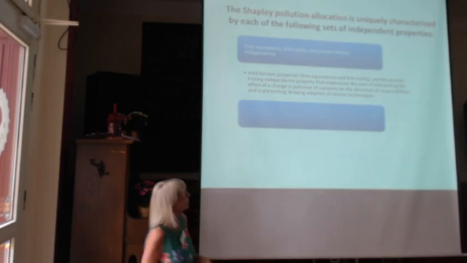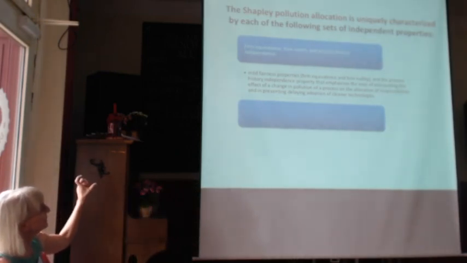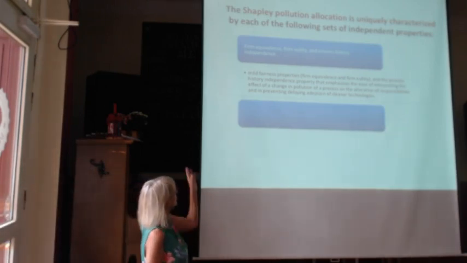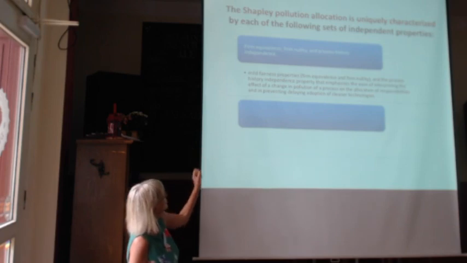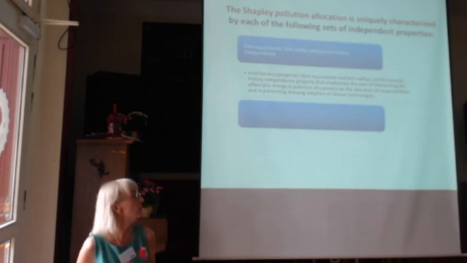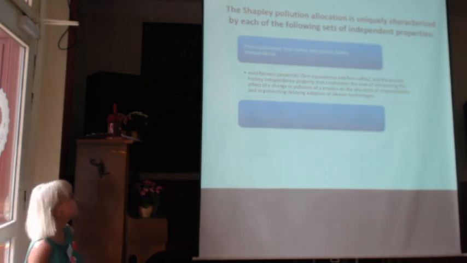And so what we found is that the Shapley value is the only one that actually satisfies simultaneously firm equivalence and nullity, which are fairness properties, and process history independence. So it's encouraging the firms to start investing in the reduction of pollution as early as possible.